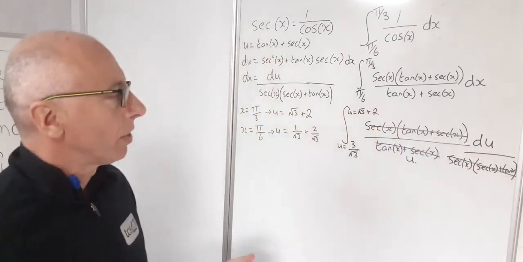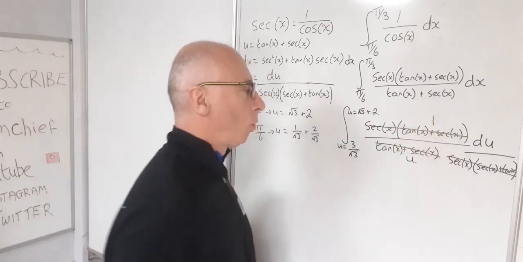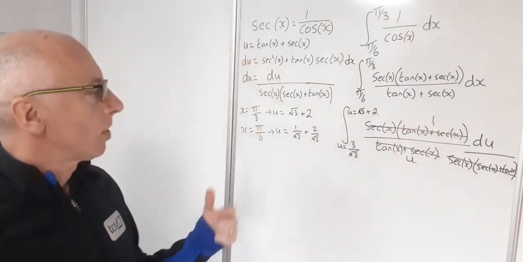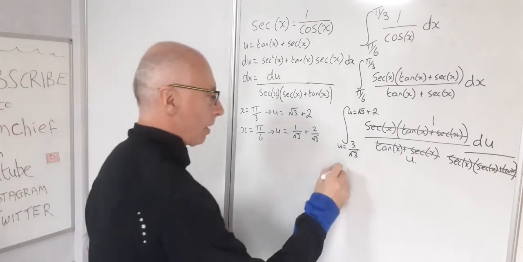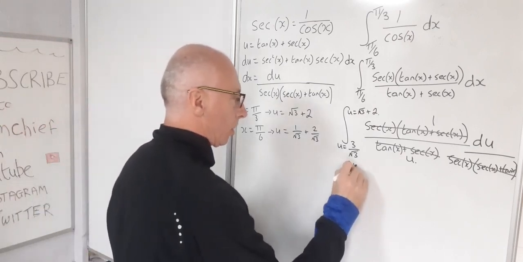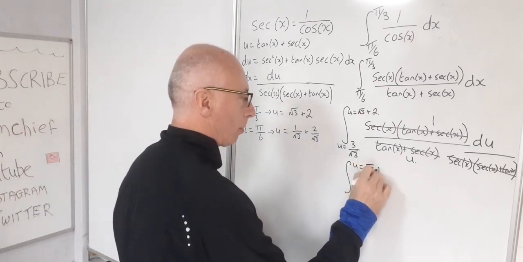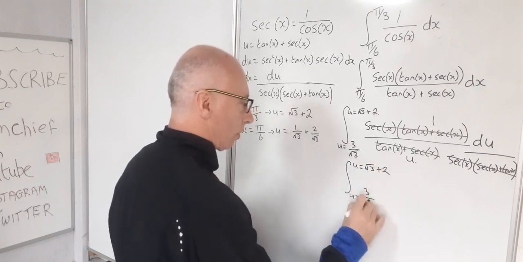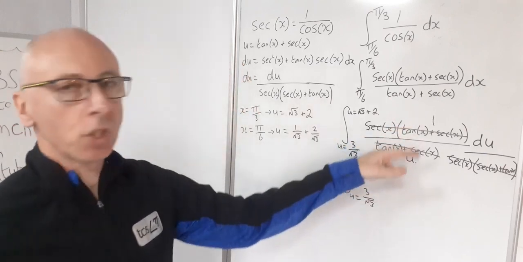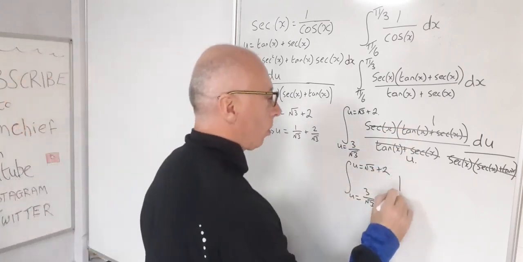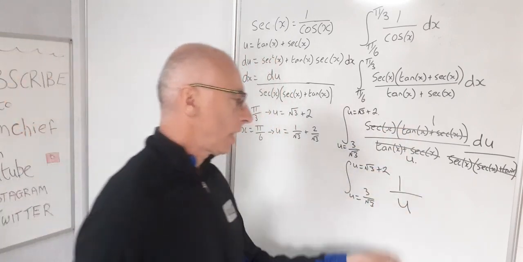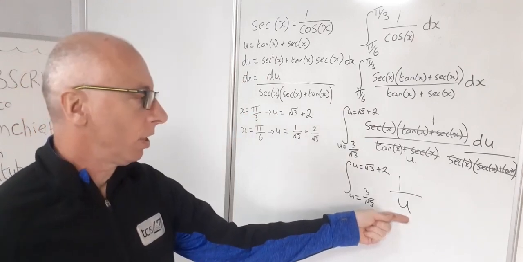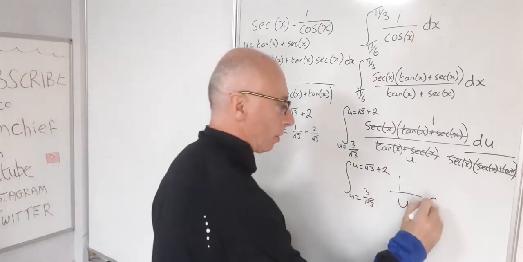So now my integral just looks like 1 over u. Let's take the integral of that and see where we go. So now we've got u equals square root of 3 plus 2, u equals 3 over root 3, and then we've just got 1 over u. After all of that, we end up with a really handy integral, 1 over u du.